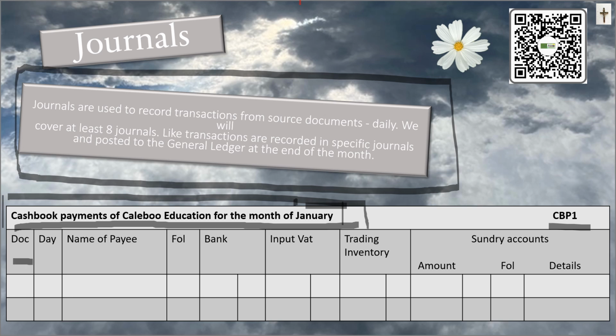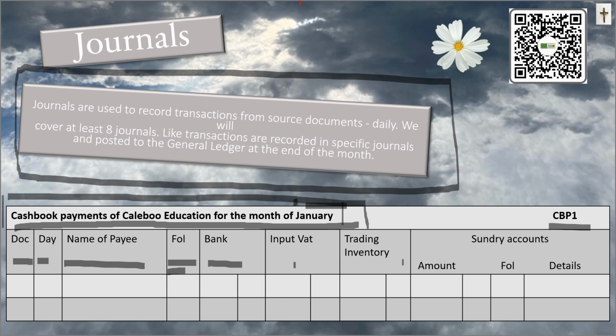And you will have column headings for document day, who's being paid, a folio for who's being paid. If it was a creditor, there would be a creditor's reference there. A column for bank, input VAT, trading inventory. You can have your own columns as the norm.